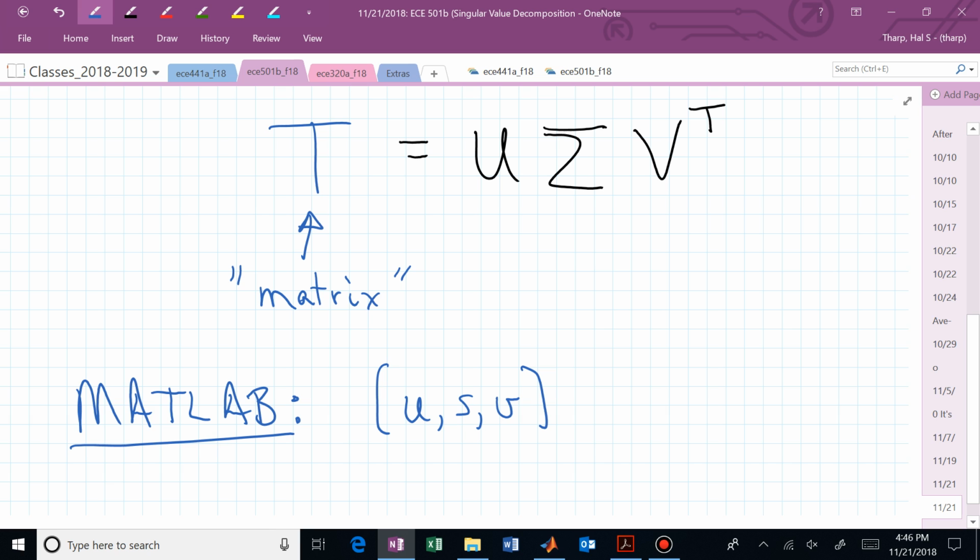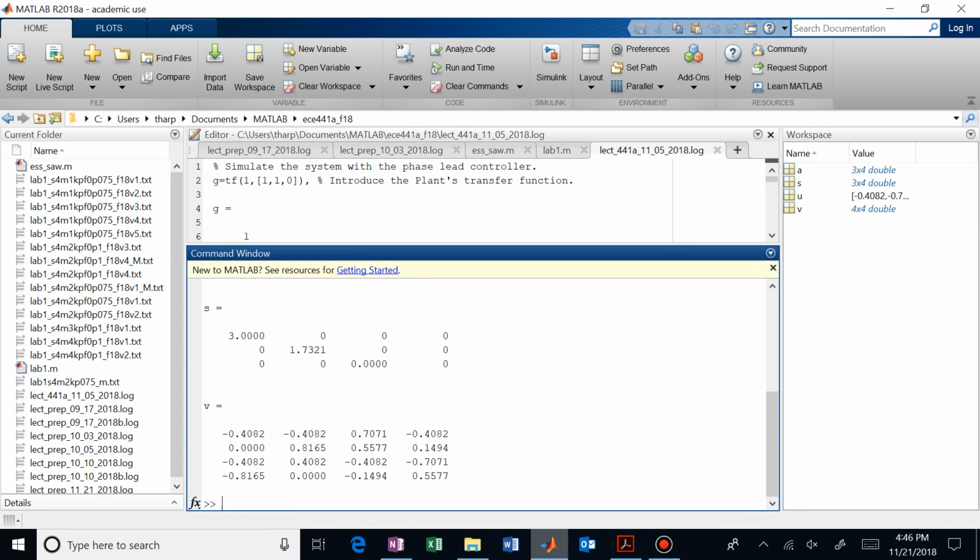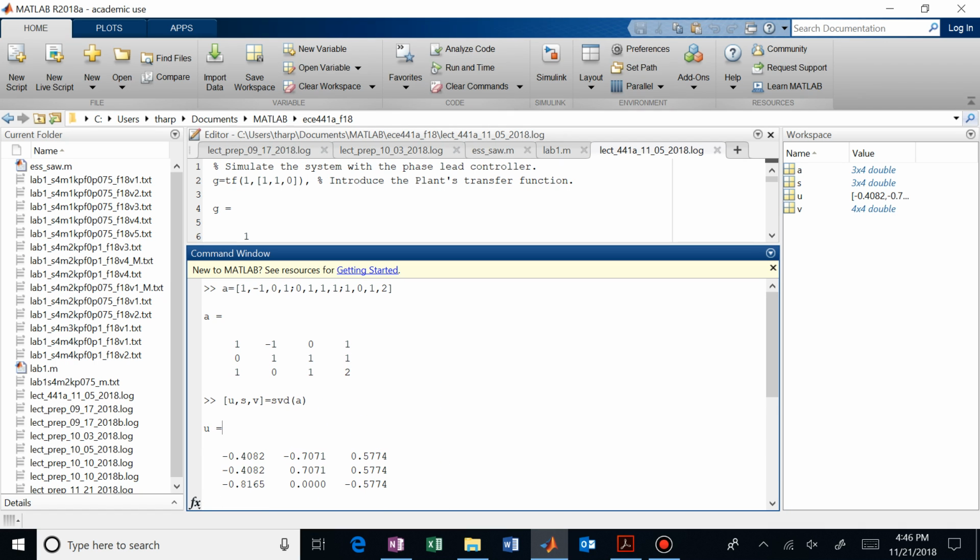The middle object is our singular values S, and the third object is a matrix V. That will be found by simply typing SVD applied to some map T. I've actually done that here for a particular matrix A.